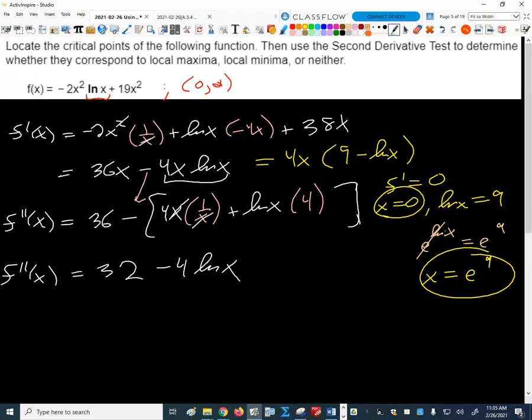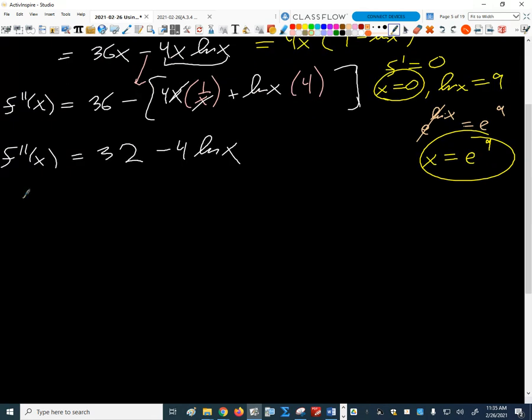Two critical numbers. What about the second derivative? Are there any values there where that's equal to 0? Well, we can find out. Let's set it equal to 0. So we know f double prime equals 0 when 4 log x, if I set that whole thing equal to 0, when 4 log x equals 32.